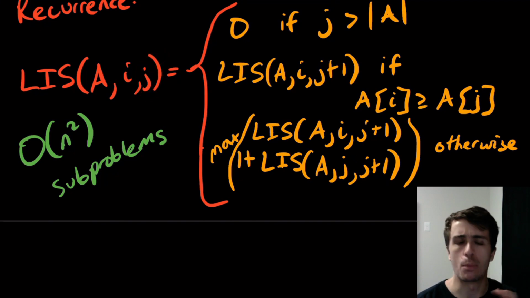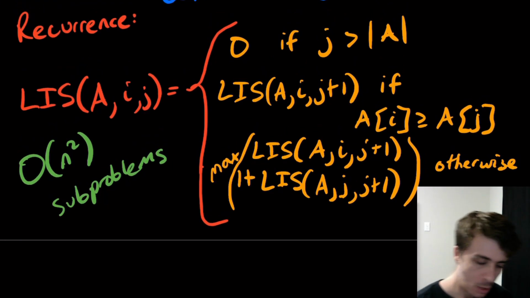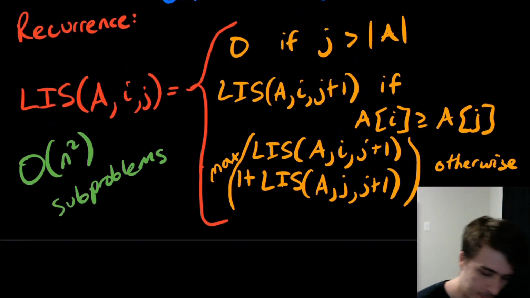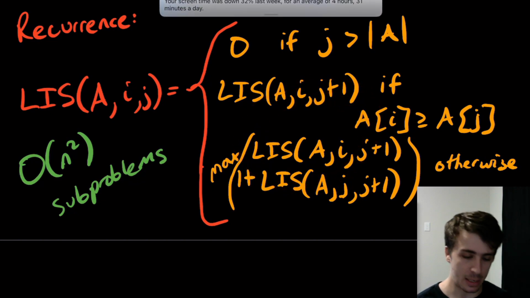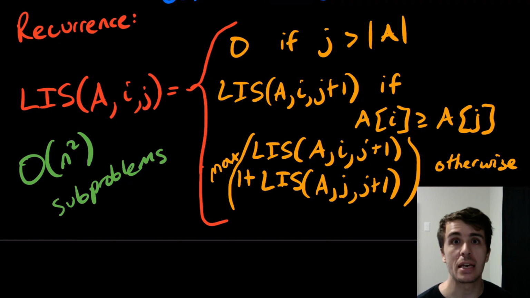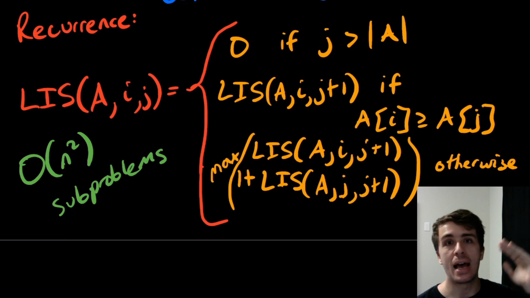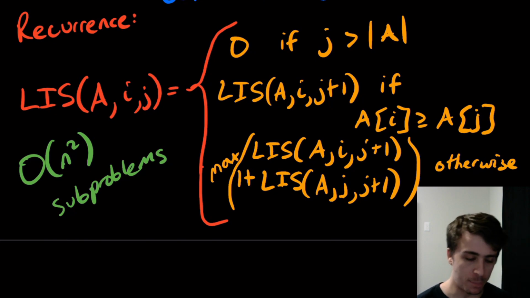You could prove that more formally, but that's the basic idea. Okay, so how do we actually do this? Basically, you try to fill the array in a way so that you always will look at problems that you solved before.